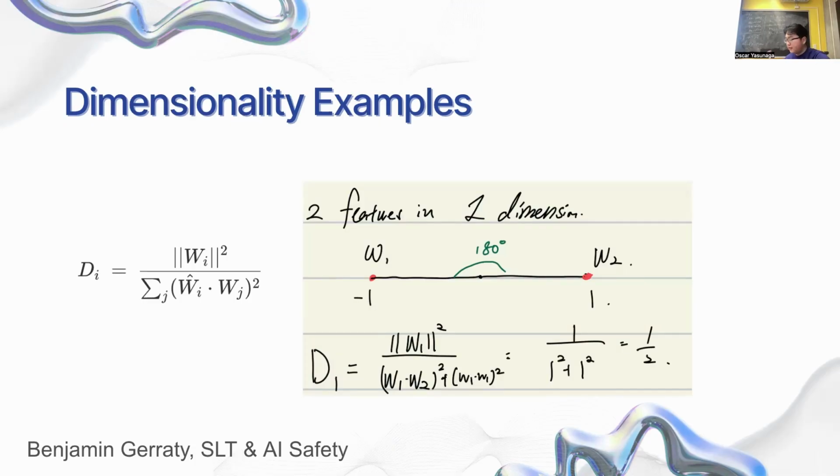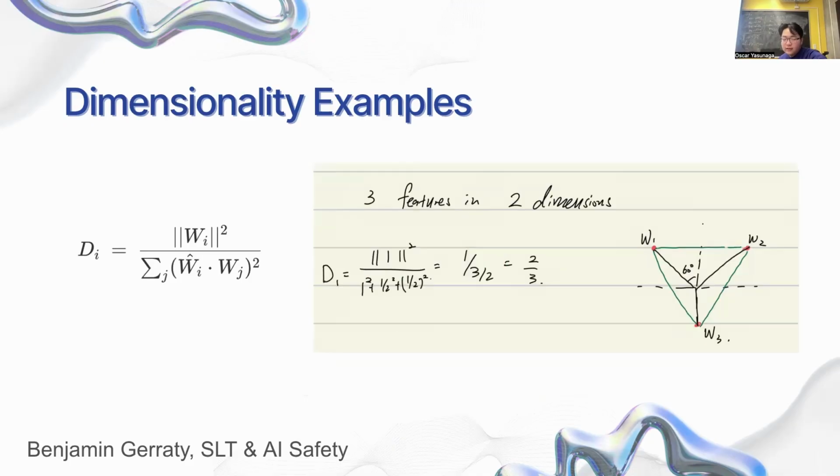Benjamin Garrotti provides a good example of trying to understand this definition of dimensionality. If you're trying to express two features in a single dimension, you have this diagonal shape where these two vectors are opposing one another, and the dimension in this instance will be 1/2.